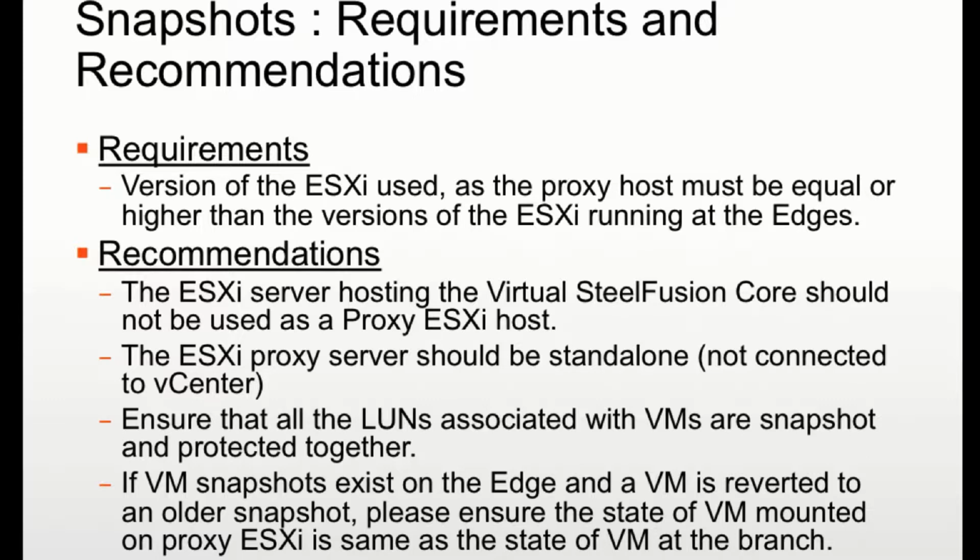The proxy ESXi host should be standalone, not connected to the vCenter. Also, ensure that all the LUNs associated with the VM are snapshotted and protected together. This would ensure data consistency. If VM snapshots exist on the Edge and the VM is reverted to an older snapshot, please ensure that the state of the VM mounted on the proxy ESXi is the same as the state of the VM at the branch.